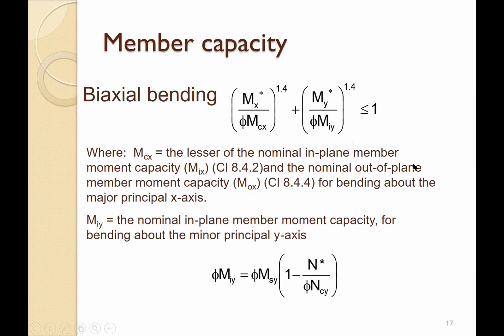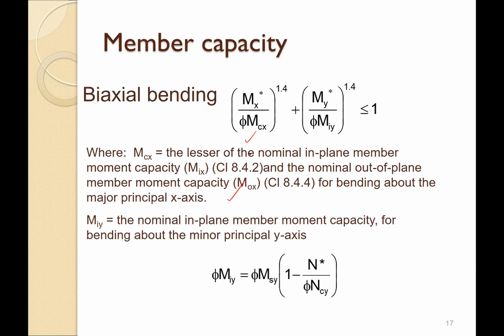Now, if you consider biaxial bending, then it is Mx star over phi Mcx, where Mcx is the lesser of the nominal in-plane member moment capacity and the nominal out-of-plane member moment capacity for bending about the major principal axis. That's an interesting one. So what is Mcx here?